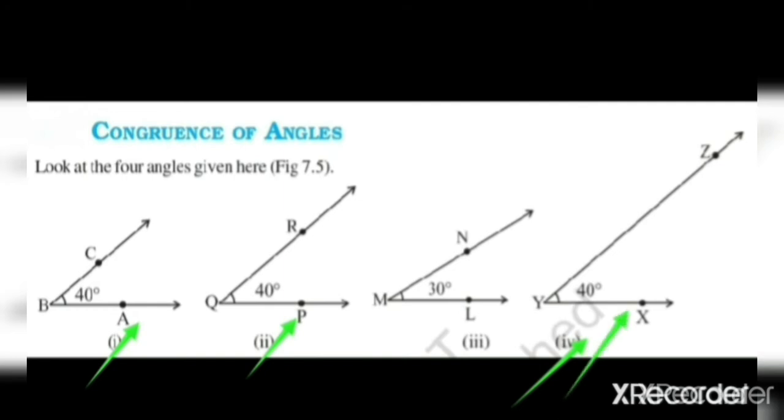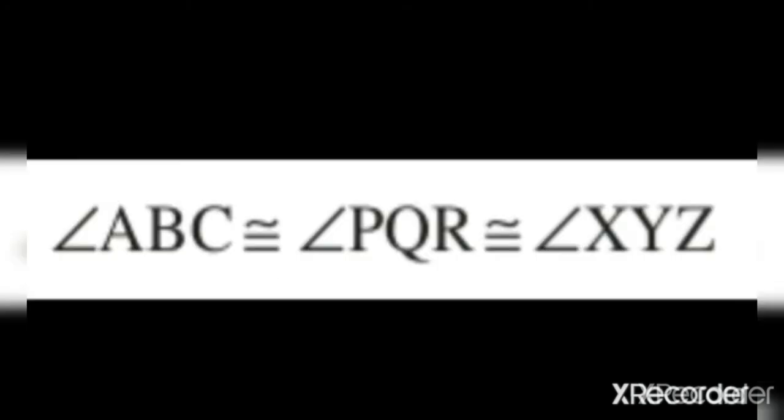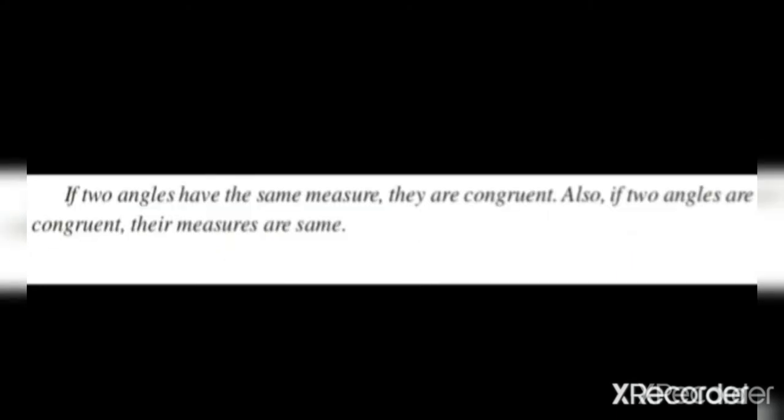So we can write angle ABC is congruent to angle PQR and PQR is congruent to angle XYZ. These three angles are congruent. In this way we can say that if two angles have the same measure, they are congruent. And also if two angles are congruent, their measures are the same.